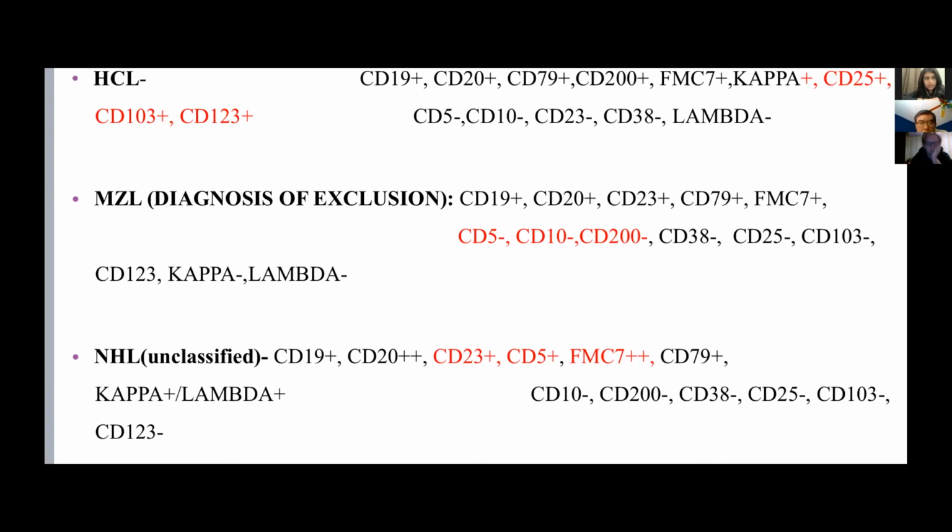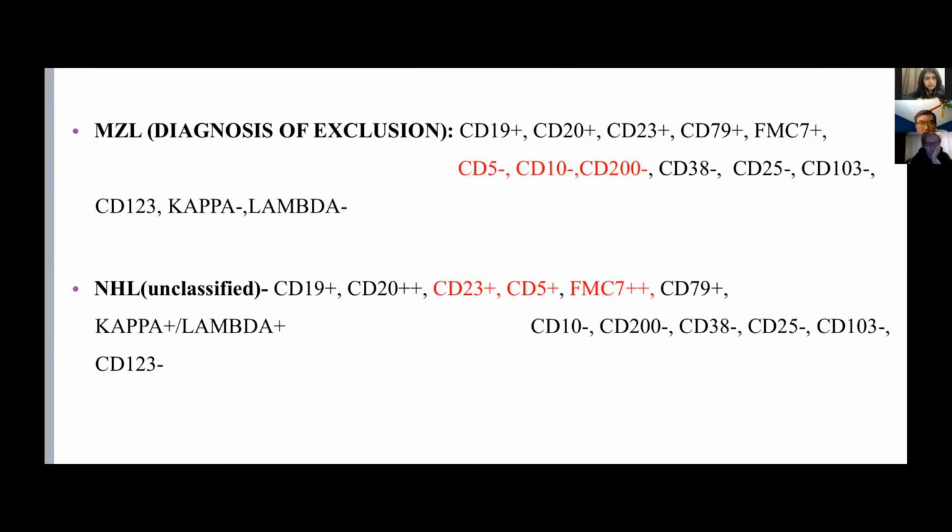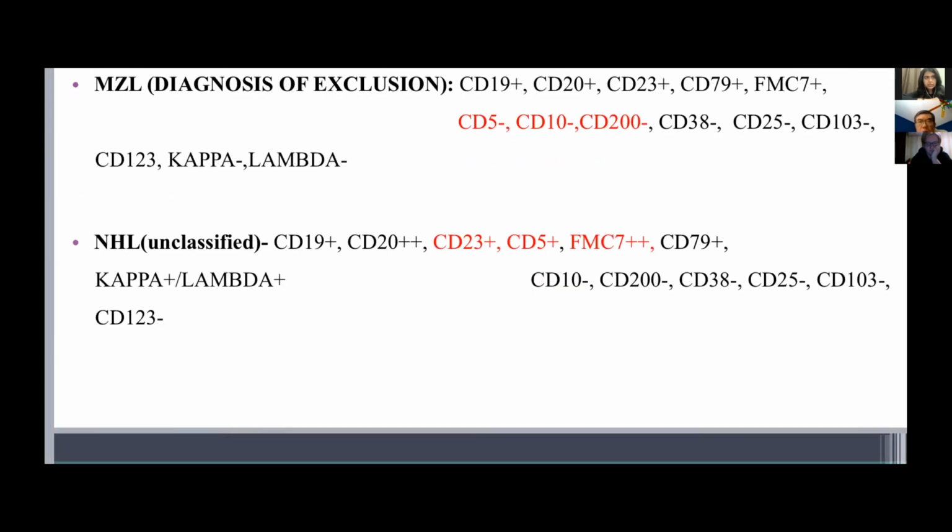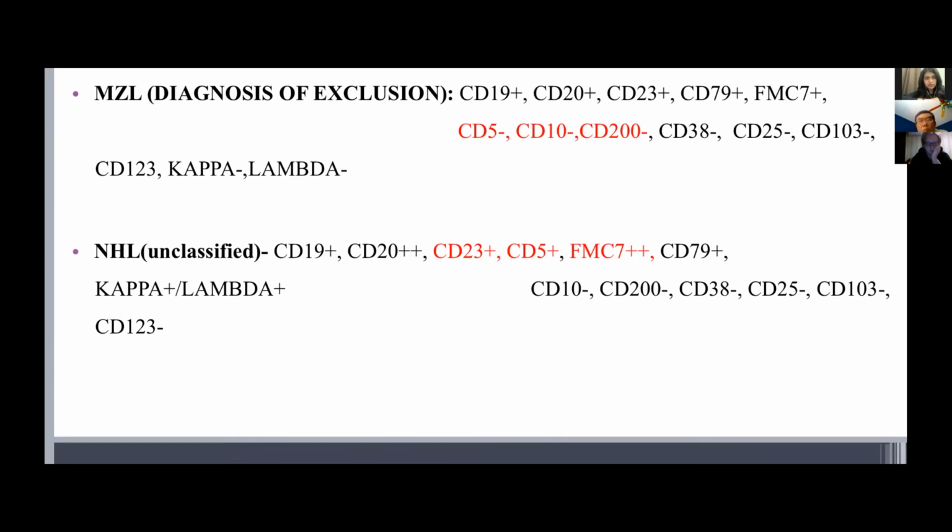And a few of the cases, 12 cases in our study, remained unclassified, that we were not able to fit into any of the above subtypes. They were positive for CD19, CD20, CD23, CD5, FMC7, every single marker, but they were negative for hairy cell leukemia markers, as well as negative for CD200.